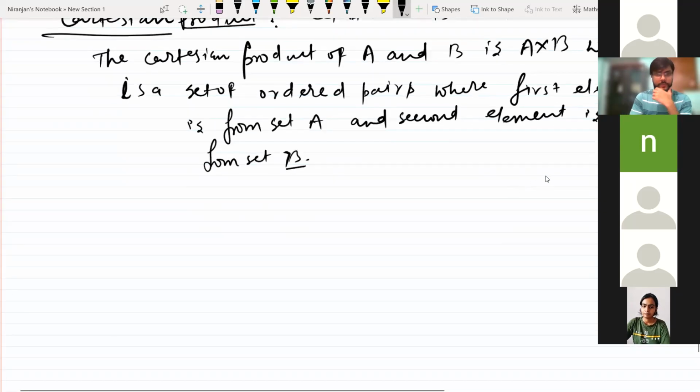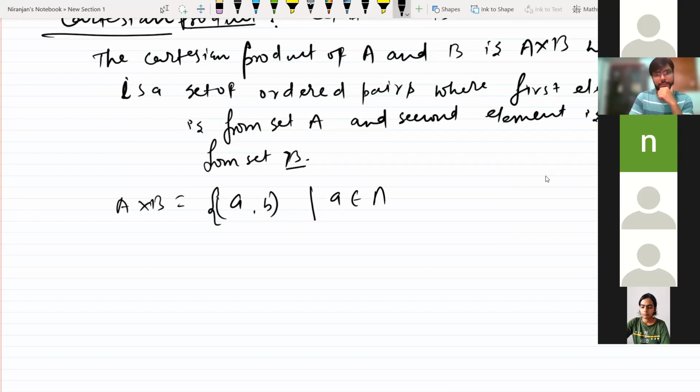So how do we write this? A cross B is the set of pairs (a, b), I'm using set builder notation, such that a belongs to A and b belongs to B. If I write B cross A, do you think these two are the same?